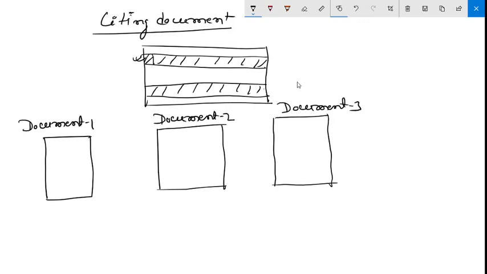Document 3. Let's say this portion of the text is cited by document 1, and this portion of the text is cited by document 2. Similarly, this portion of the text is also cited by document 3. Okay.